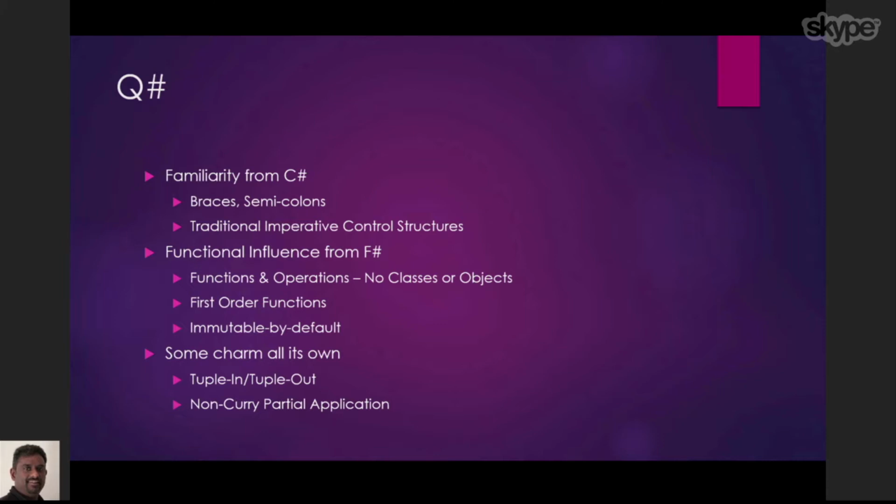So if your input arguments were a 5 tuple of arguments, you could potentially carry in argument 1, 3, and 5, and it would return a function that would take the other 2 arguments and apply those. So there's a little bit of charm that we brought into its language by itself, but it's deeply influenced by functional languages, F sharp in particular.